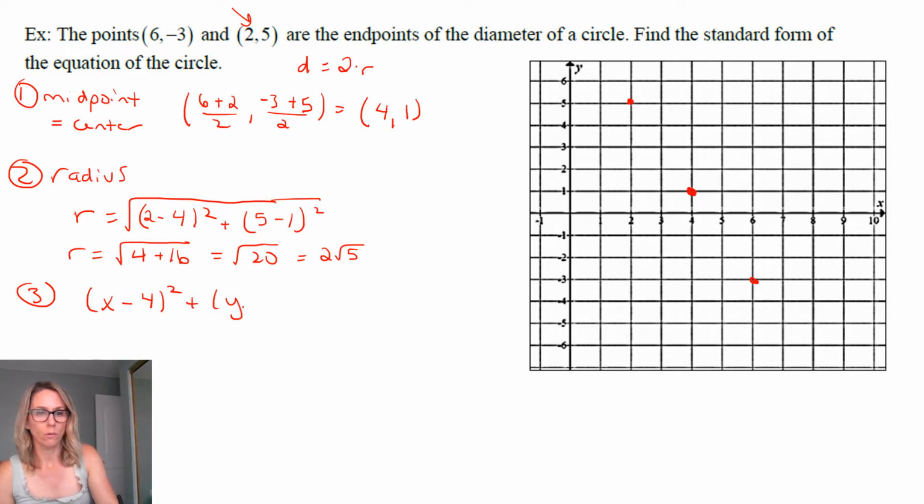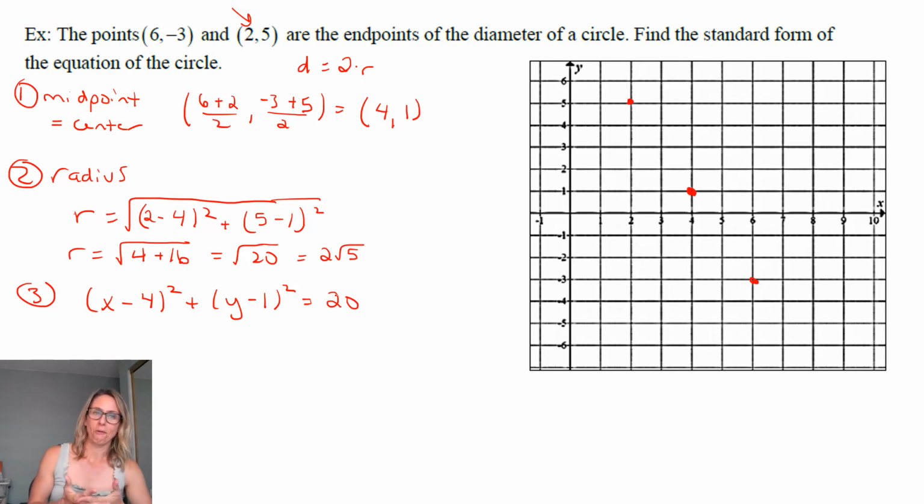And then you can go ahead and finish this if you want, y minus our y value here. And then that needs to equal r squared. So that's just the square root of 20 squared. So that's 20. So we can just write it as 20. And then that writes the circle in standard form. So that is section 1.9.